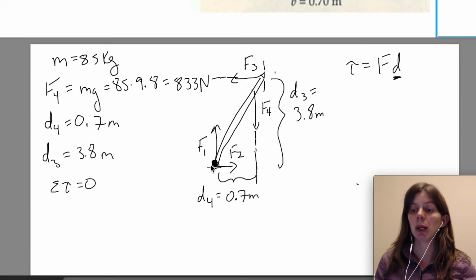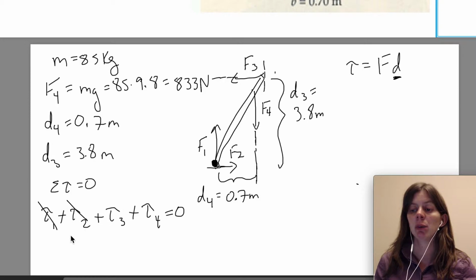But if we want it to be complete, to set up this equation for the sum of the torques equal to 0, we could say torque 1 plus torque 2 plus torque 3 plus torque 4 equals 0. The sum of all the possible torques equals 0. And then you realize, okay, well, R is 0 for F1 and F2. They don't exert any torque. They're at the pivot points.